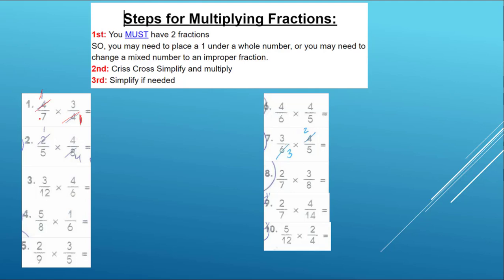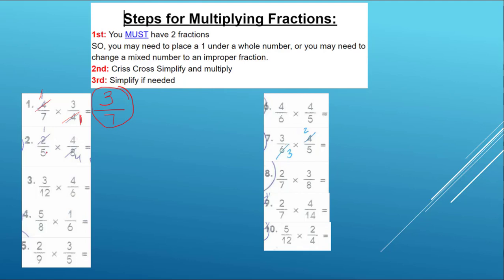What about the 3 and the 7? Those cannot be divided by anything, so now we can go ahead and multiply. 1 times 3 is 3. 7 times 1 is 7. Check to see if it's simplified, and it is, so that's our answer.